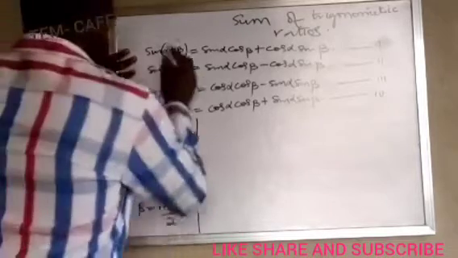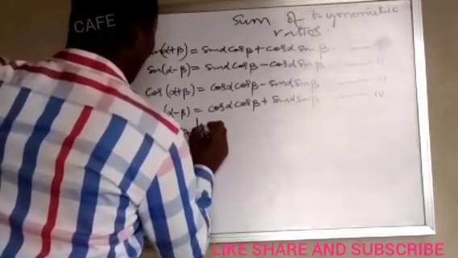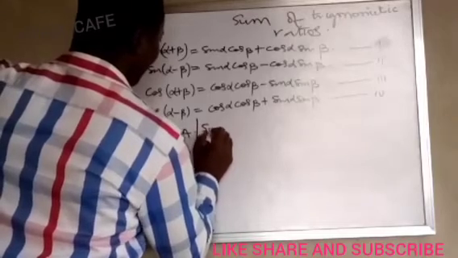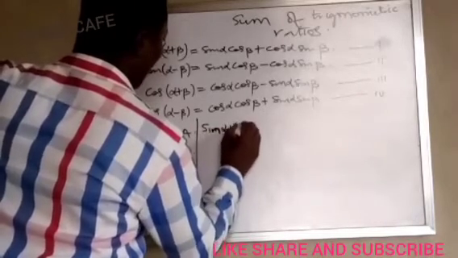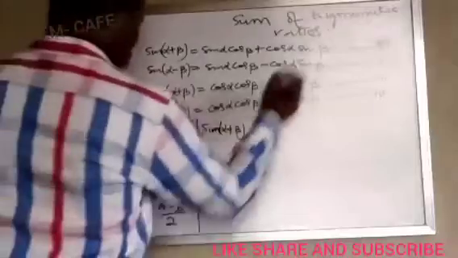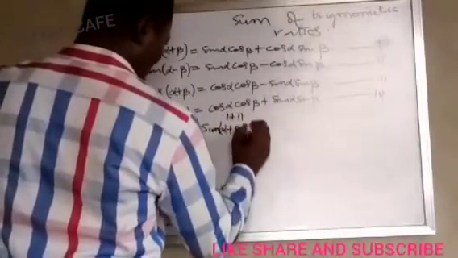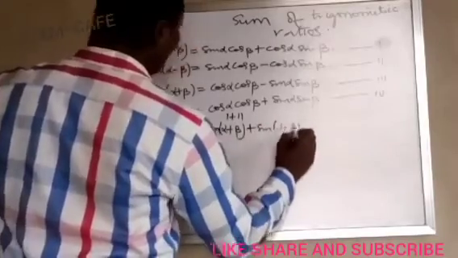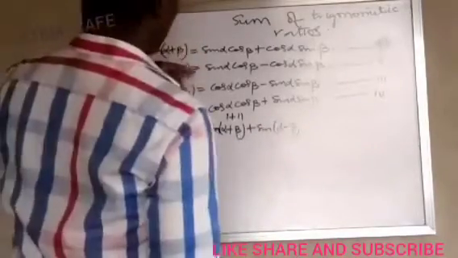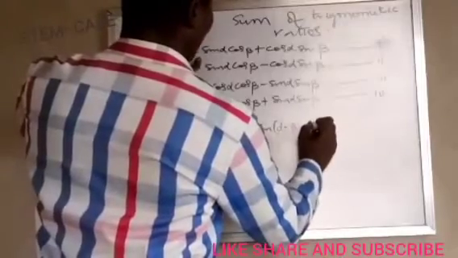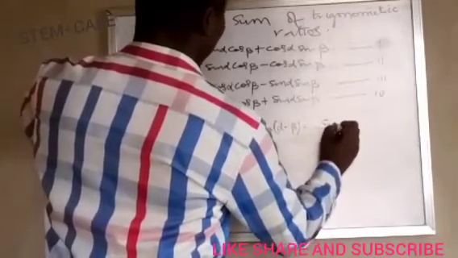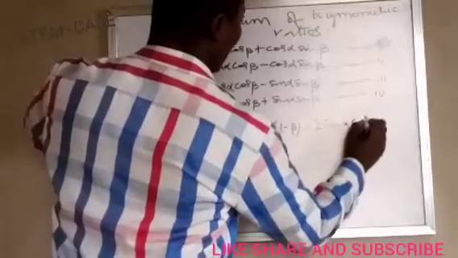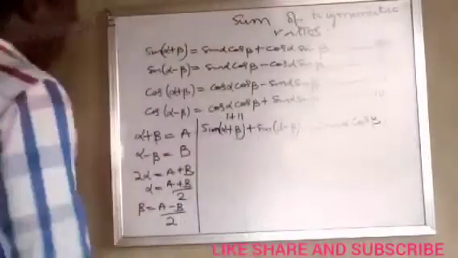Sin alpha plus beta, plus sin alpha minus beta. Let me add equations 1 and 2. When I add the 2, it's going to give me 2 sin alpha cos beta.